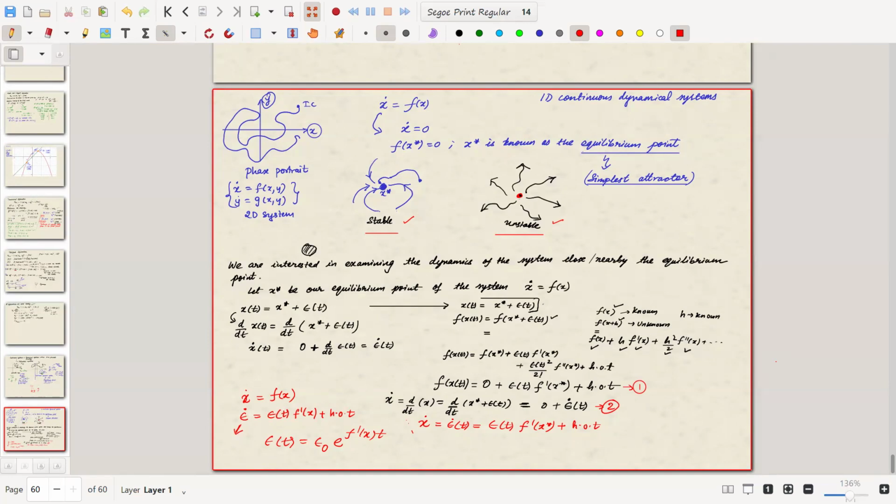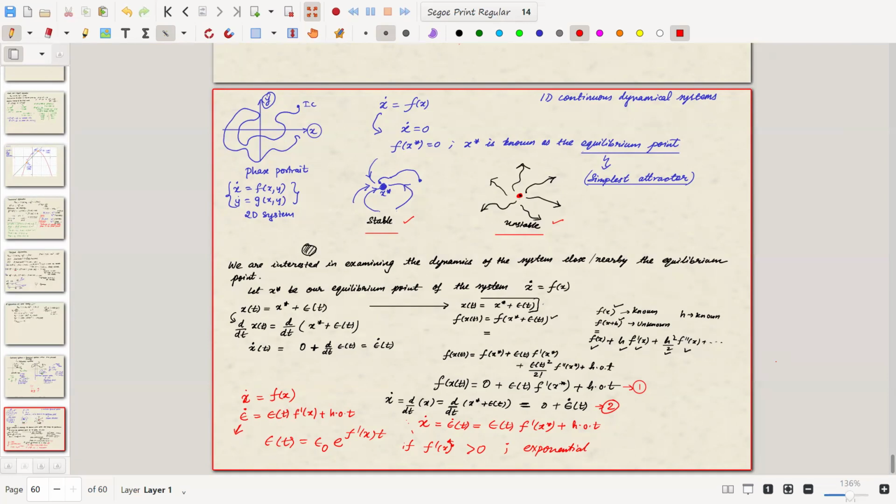So you can see now, if f prime at x star, what is happening? Is it okay with you? If f prime of x star is greater than 0, then this exponential quantity will shoot up on the positive side, it will blow up. So you can see exponential growth is there, and this is unstable.